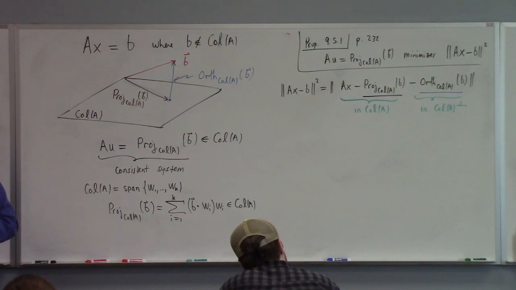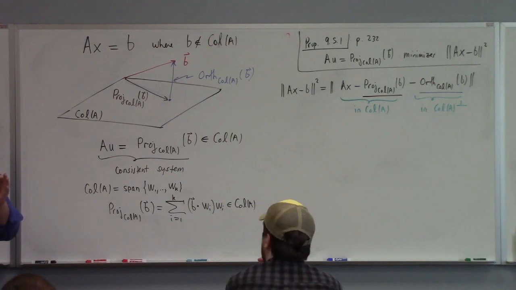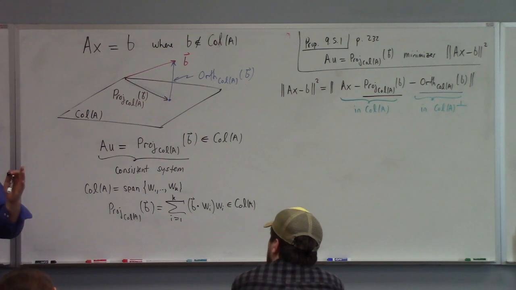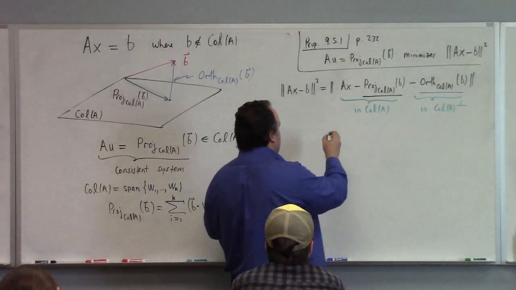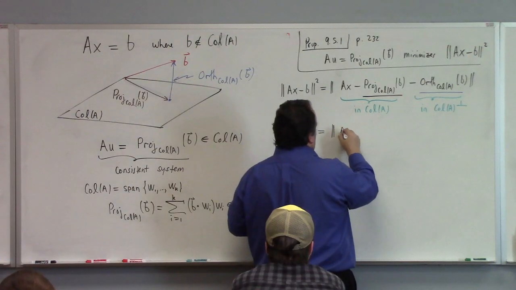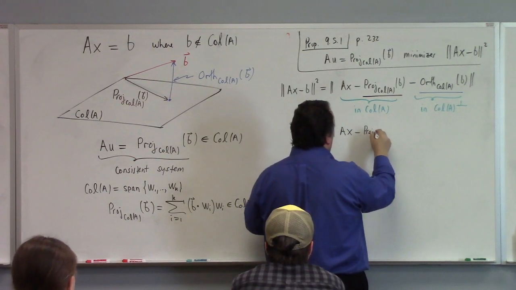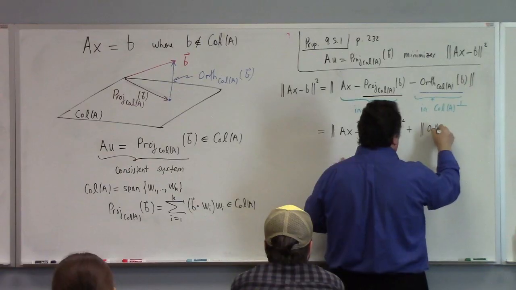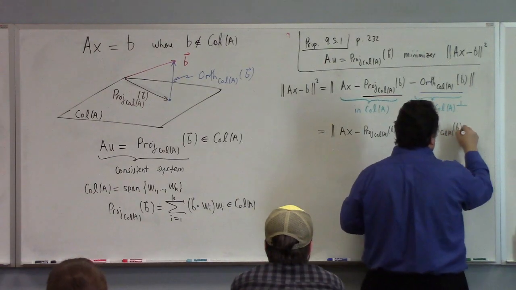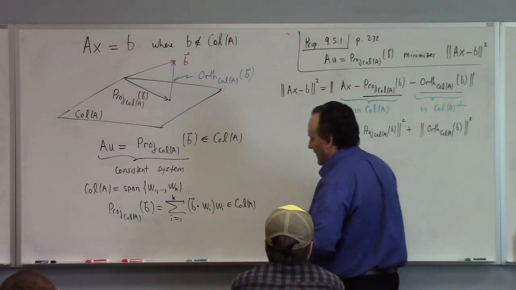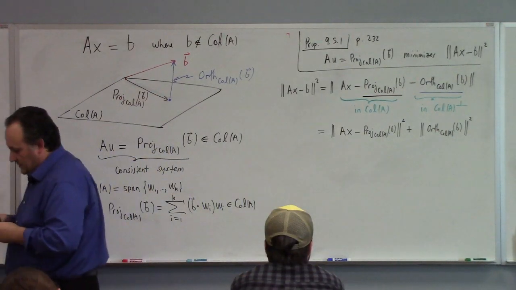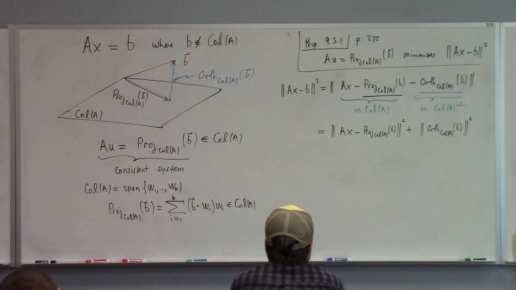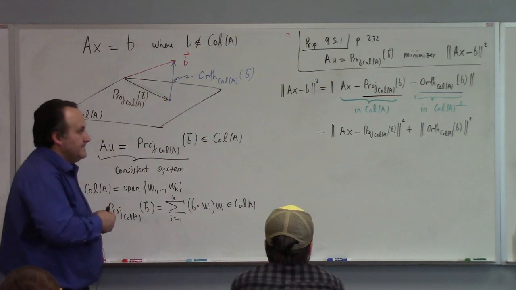I proved earlier in the semester that if we have two perpendicular vectors and we add them together, the squared length of their sum is the sum of the squared lengths. This is the Pythagorean theorem.